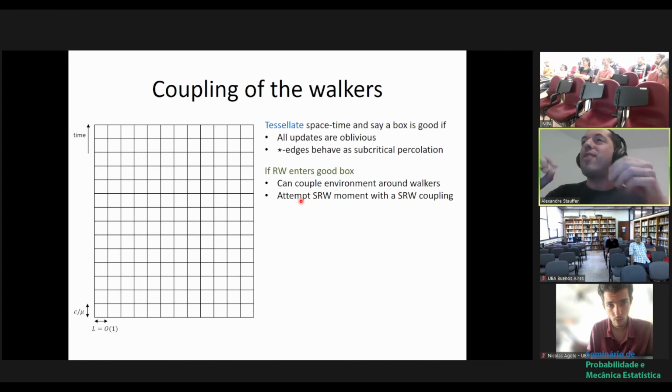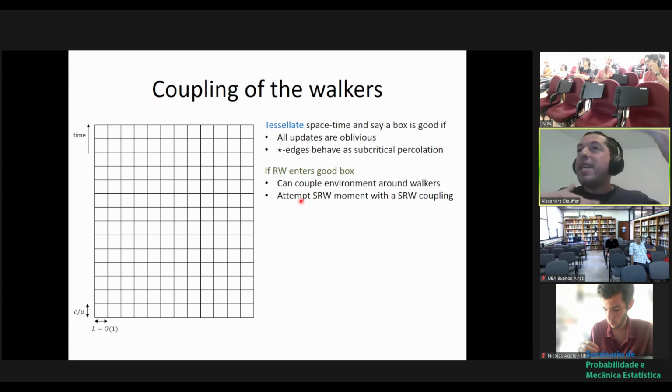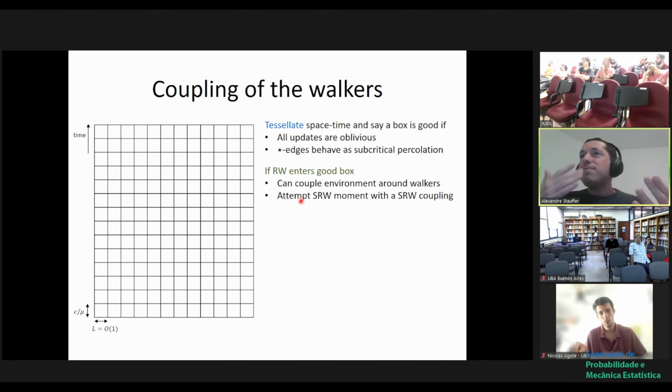So you can imagine that it's going to eventually be trapped in a position where all edges around it are closed. Meanwhile, oblivious updates are happening everywhere in the box. So you get a situation where you are stuck in a vertex, and a large number of edges around you are all star. So that's a good moment for you to try a simple random walk moment.